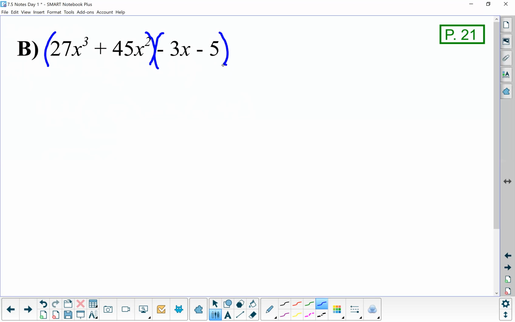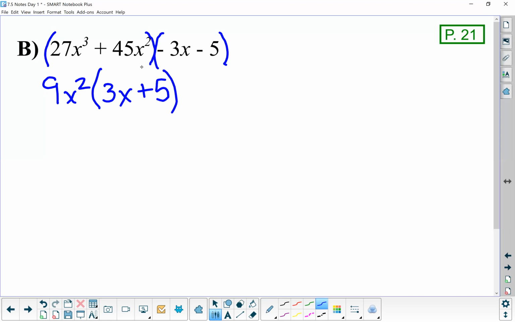In my first group of 2 terms, both numbers are evenly divisible by 9. And they both have at least an x squared. 27 divided by 9 is 3. I had x cubed. I factored out x squared, so that leaves me with an x. Plus 45 divided by 9 is 5. I had an x squared, but I factored it out.